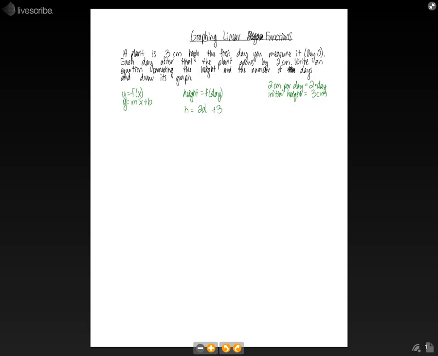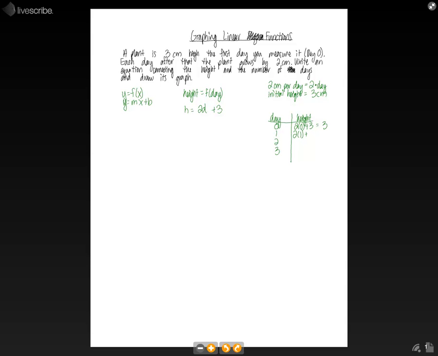And so if we want to plot this, we're going to have to plug in some points. So we'll have the day, and then the resulting height. We can check to see if this is correct because at day 0 we're going to have 2 times 0 plus 3, which will give us 3, which is correct because we said at day 0 it was 3 centimeters tall.